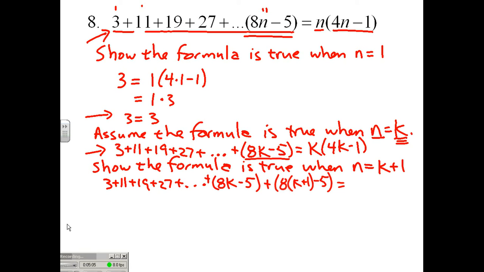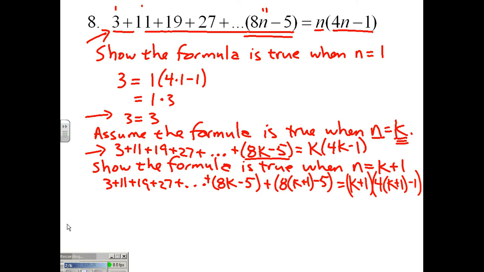We want to show that that is equal to, put k plus 1 into the right side, k plus 1 times 4 times k plus 1 minus 1. Quite a beast we have right there.